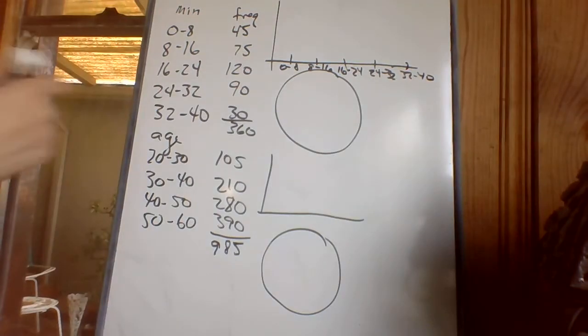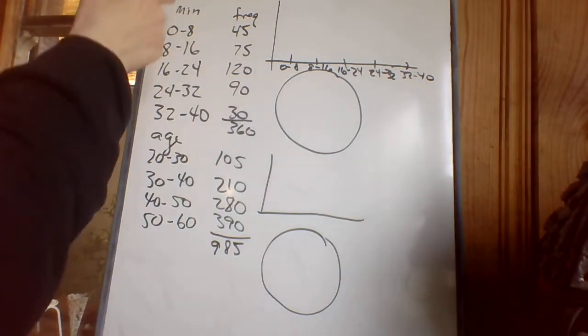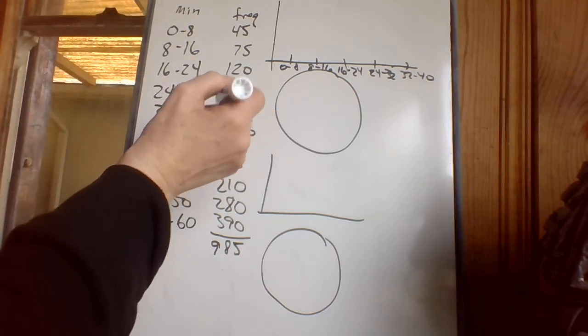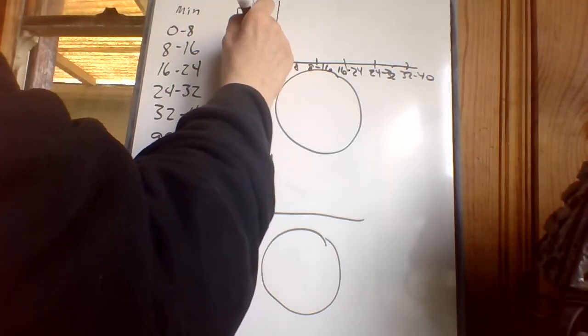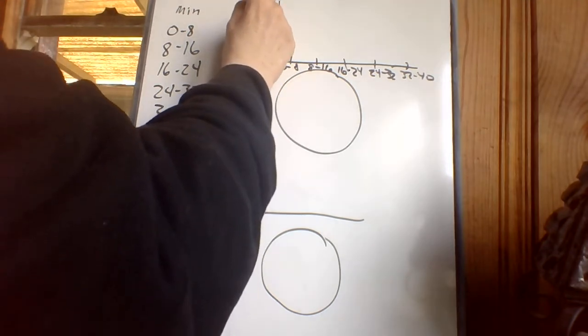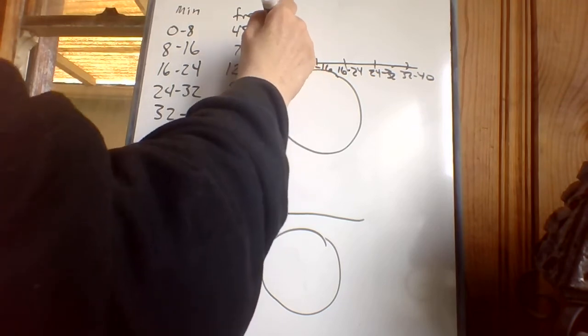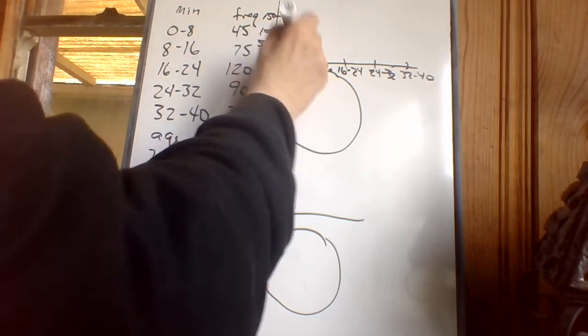Okay, Excel lets you put things into this category right here. You can put anything in there. You can call them Fred and Joe if you wanted to. It would still draw it. Okay, so 50, 100, 150. All right, so 45.